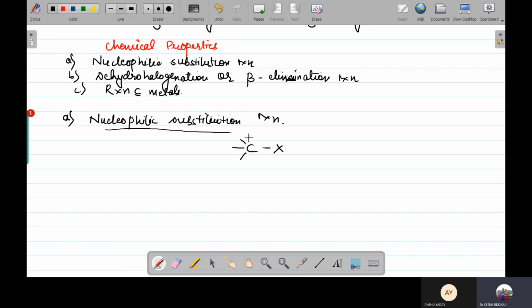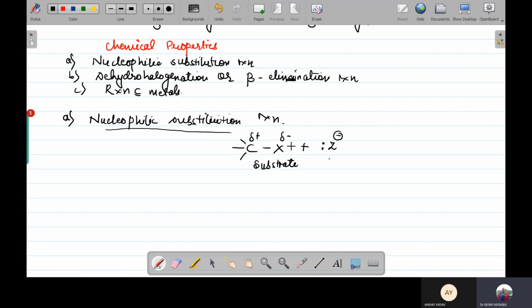So what is going to happen? Polar means it is going to have a delta positive and a delta negative charge. Now I am taking this as the substrate. Due to the presence of this partial positive charge on the carbon atom, the nucleophile is going to attack the carbon atom. Why? Because it is electron deficient.